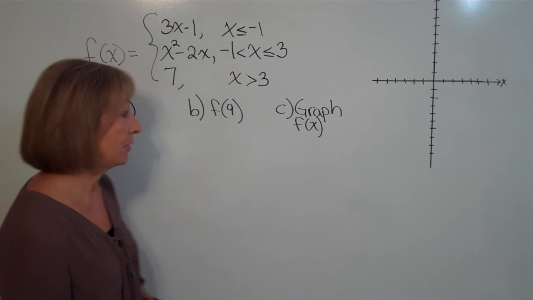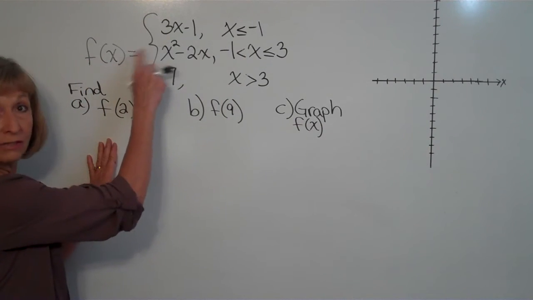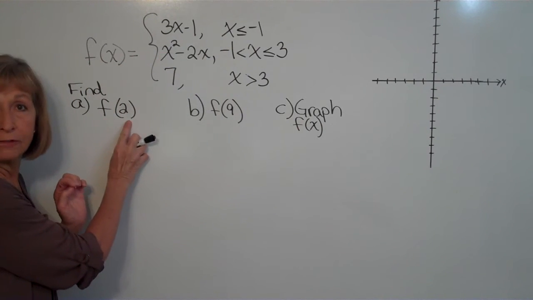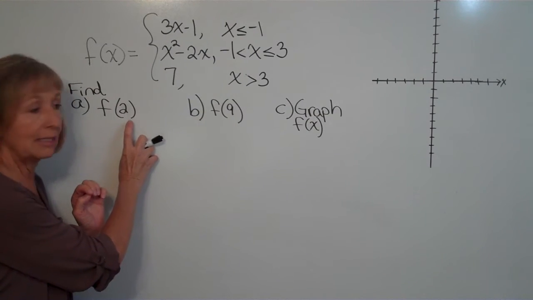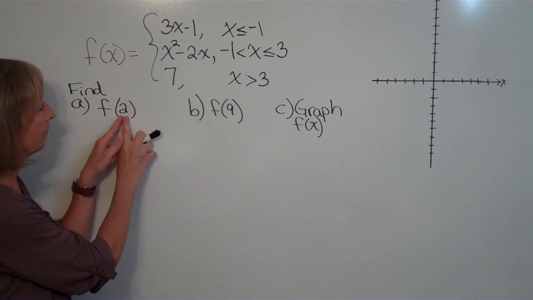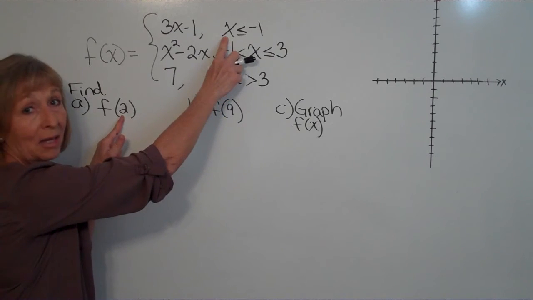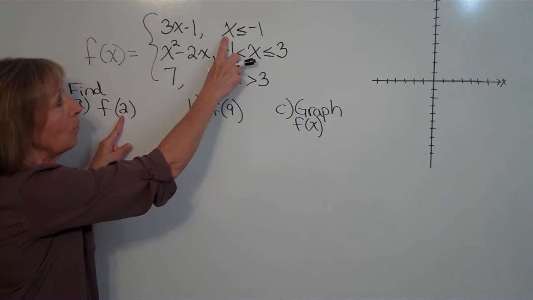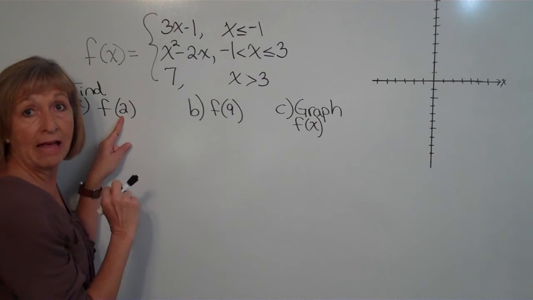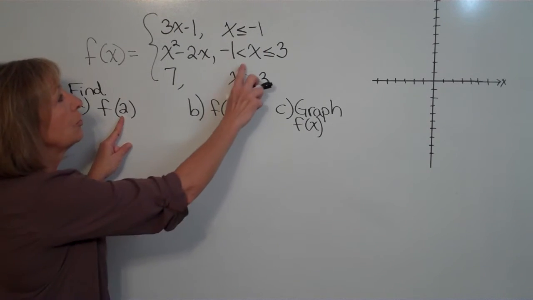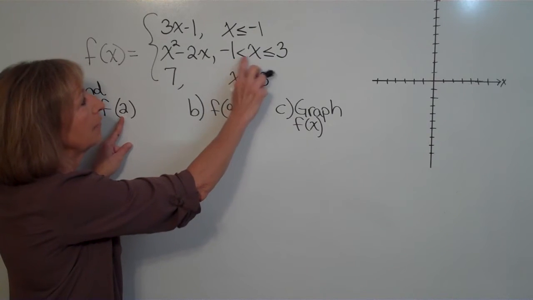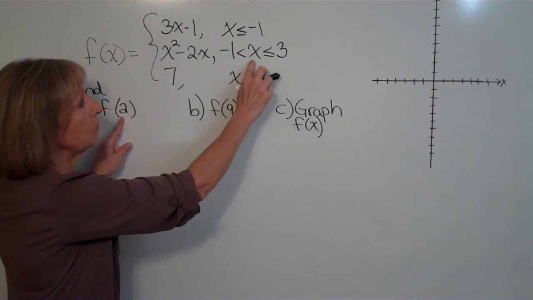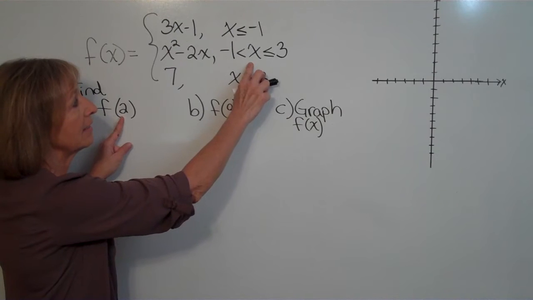Here, let's see an example. So the first one is to take this function and find f of 2. So this means go to your function, take out the x's, and put in 2 instead. Well, 2 is not a number that is less than or equal to negative 1, so I'm not going to use that first rule. 2 is a number that lives between greater than negative 1 and less than or equal to 3. So 2 is in this span of x's.